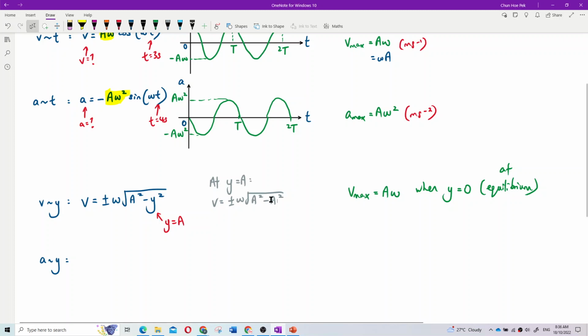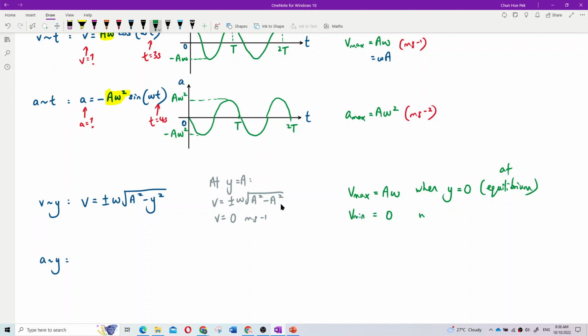At amplitude, a square minus a square, what do you get? 0. So velocity is minimum, 0, when y equals amplitude.